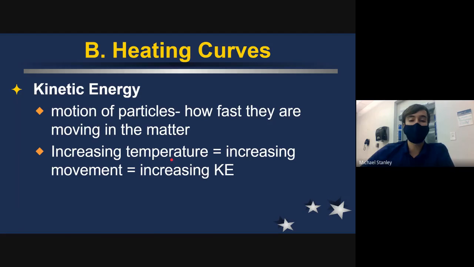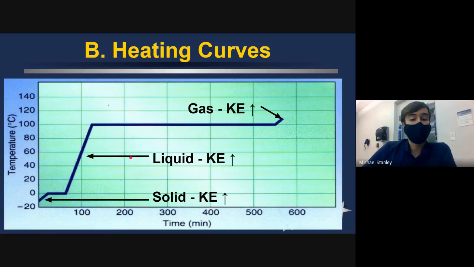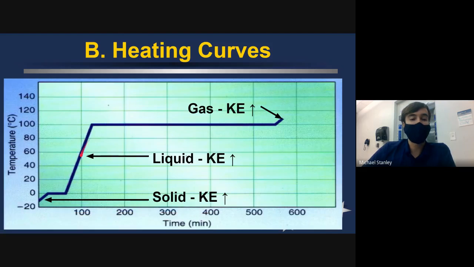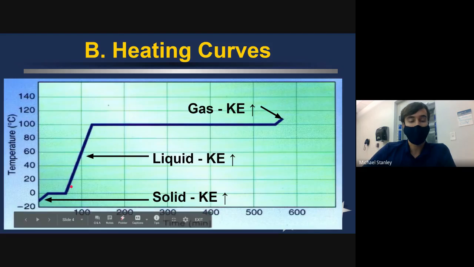So as the temperature goes up, our particles move around faster, which means that our kinetic energy is going up as well. That's a little bit more straightforward one to talk about. We already talked about it earlier. That is what is happening on these points of the heating curve where our line is going up.